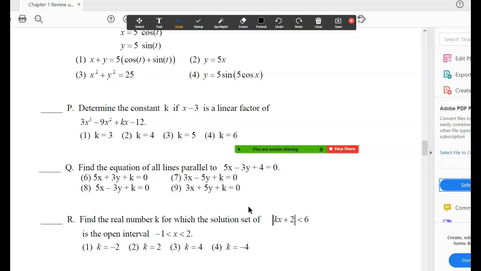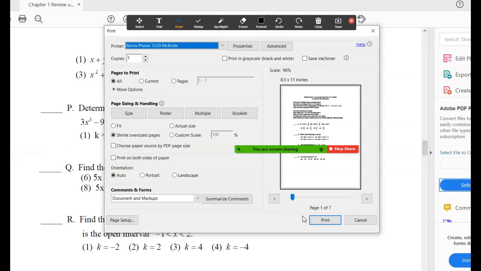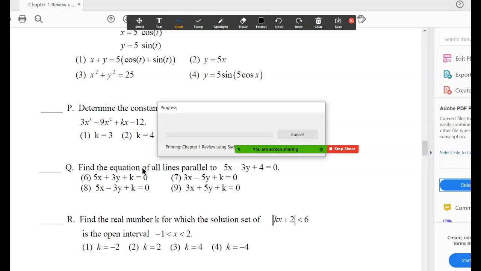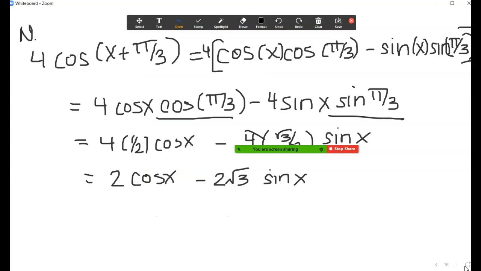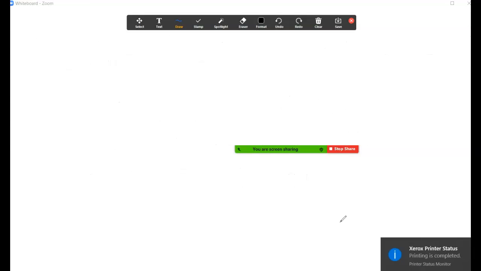Okay, so determine the constant. It kind of is, like once I show you it, you're going to be like, oh man. So it says determine the constant that would make that true. To make it a linear factor, it means you should be able to pull x minus 3 out. We're going to do factor by grouping because there are 4 terms.